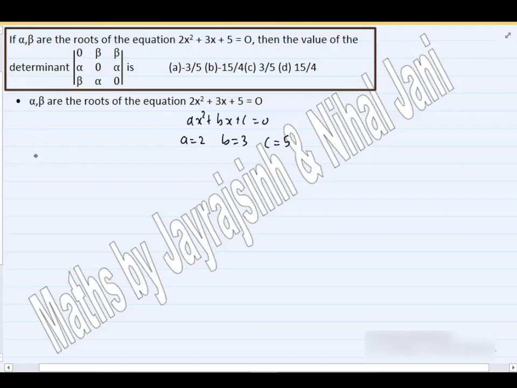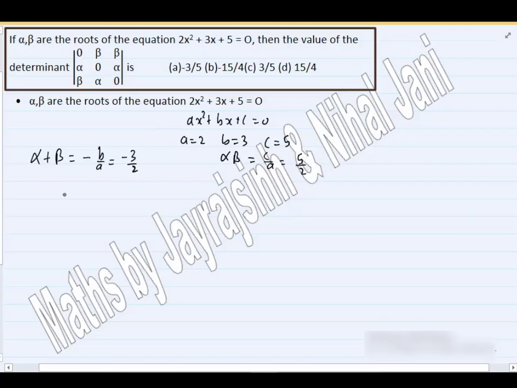From this we can say the sum of the roots must be equal to minus b by a, or minus 3 by 2, and the product of roots must be equal to c by a, or 5 by 2, right?